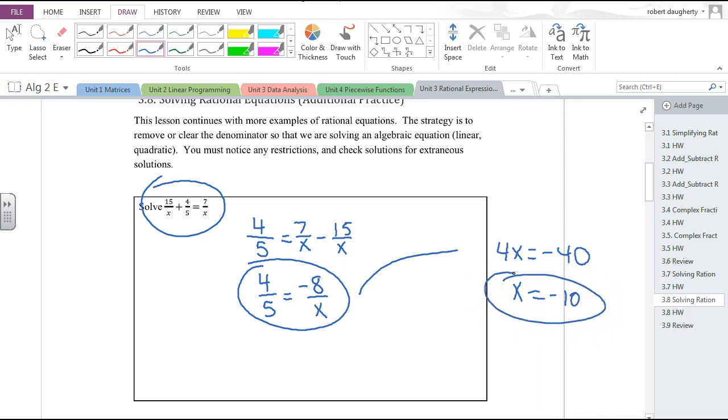Now, it will also work if you don't see that. If you were to multiply everything, what's the common denominator here? Guys, what's the common denominator? 5x. I could multiply everything by 5x.